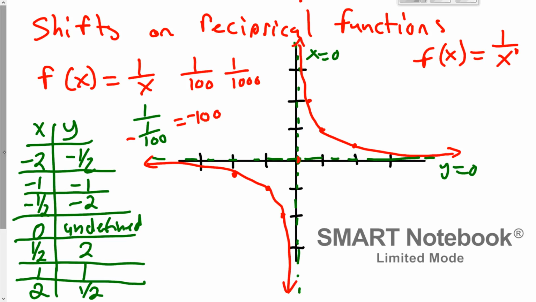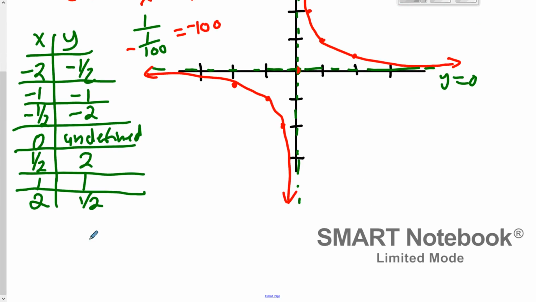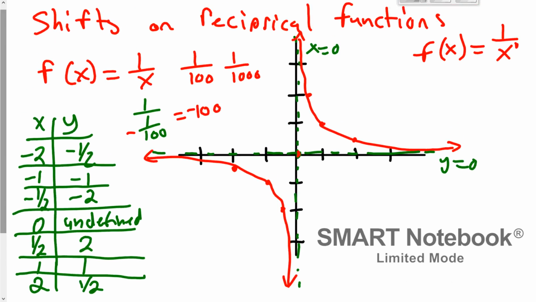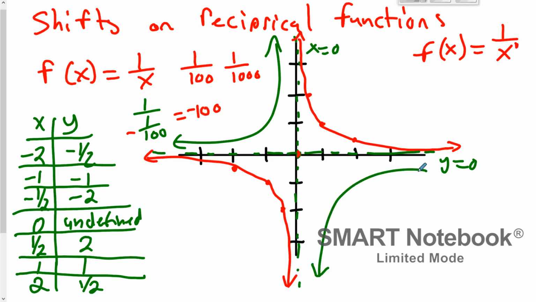As we look at the most basic one, we have an a up here, a over x. If that a is negative, so if you have a negative fraction, these branches are going to flip over the x-axis. So our branches might look like this and this. Okay, so our branches would look like that.